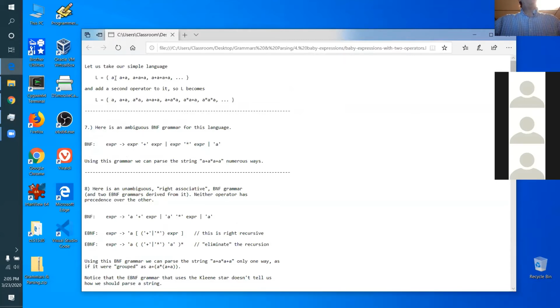The language is this one. The letter A could represent variables, numbers, some kind of literal, but we have plus and multiply, and we could mix the pluses and multiply. There's no parentheses yet in this language. It's just a language of two operators, and you can mix the operators any way you want.